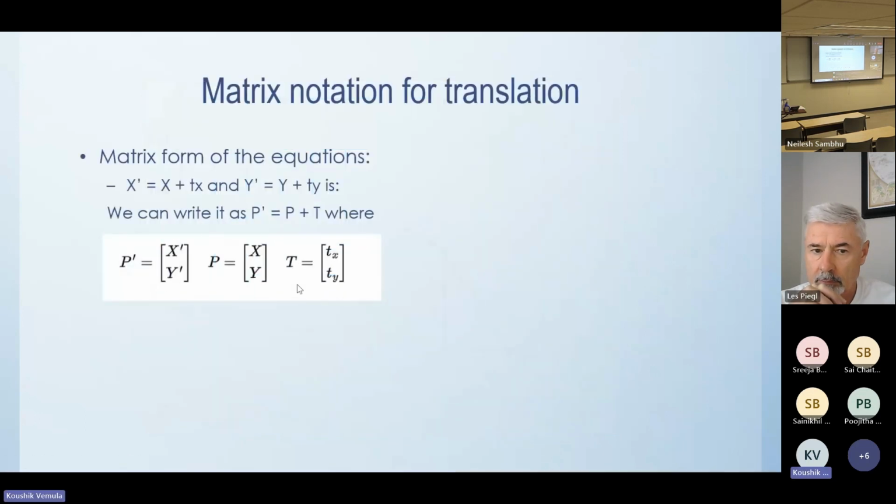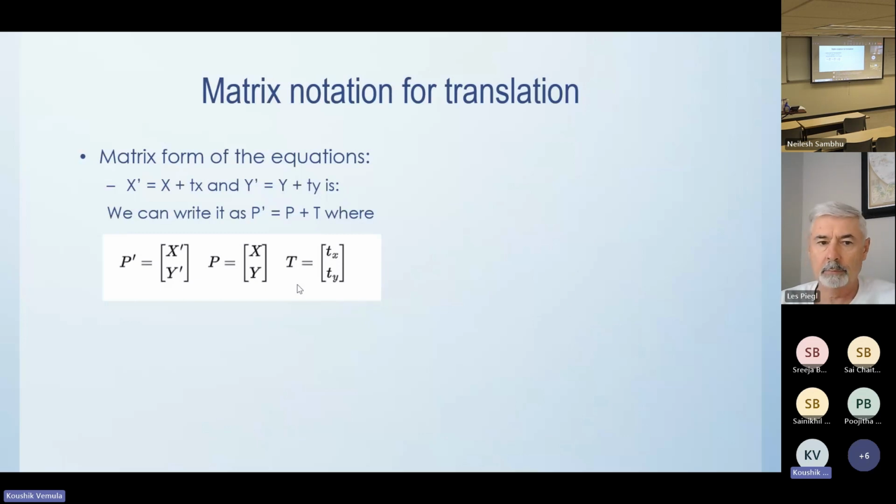A famous way of showing transformations is through matrix notation. When we go for much more complex transformations, matrix notation is used in a wide range, for visual representation and for easier understanding.